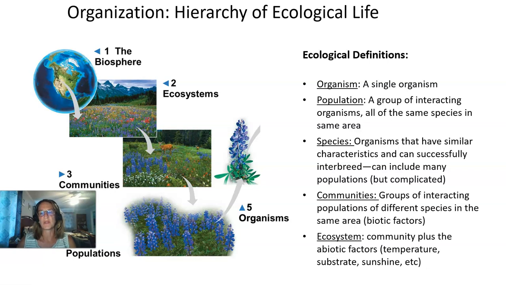Well, I'm using the word species, but I haven't defined what a species is, and it's not even illustrated in this picture. But a species is basically a group of organisms that have similar characteristics, so they typically look similar to one another, and they are successfully able to interbreed with one another.